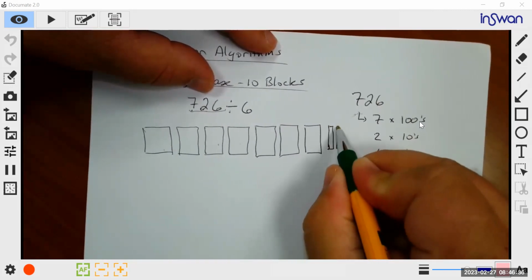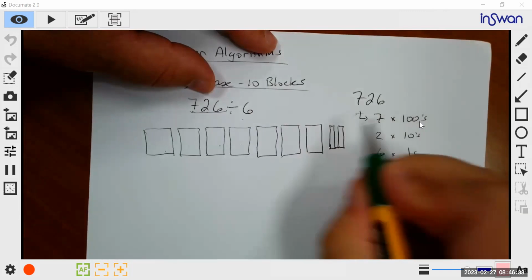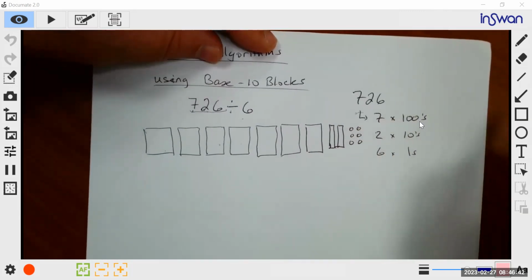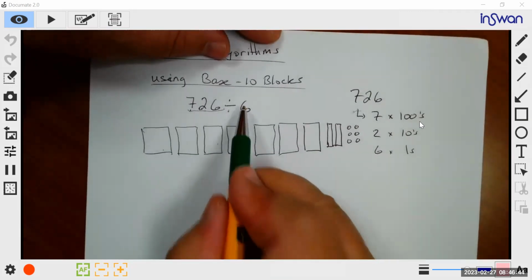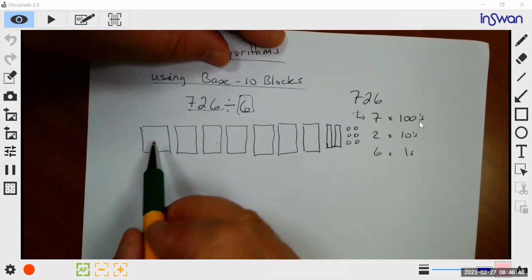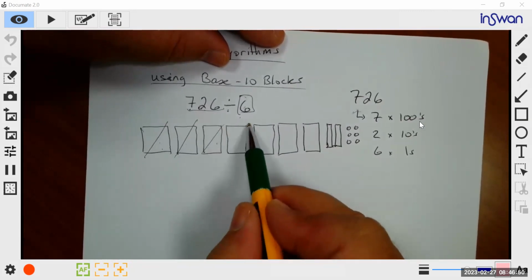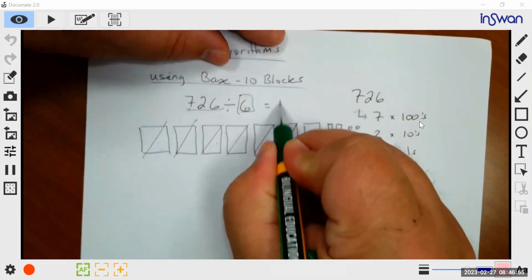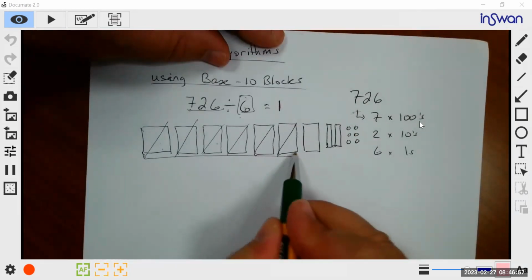The bars have 10 each. And then the 6, 1, 2, 3, 4, 5, 6. Remember, we divided, so we want them in groups of 6. So it's 1, 2, 3, 4, 5, 6. We get one group of 6.